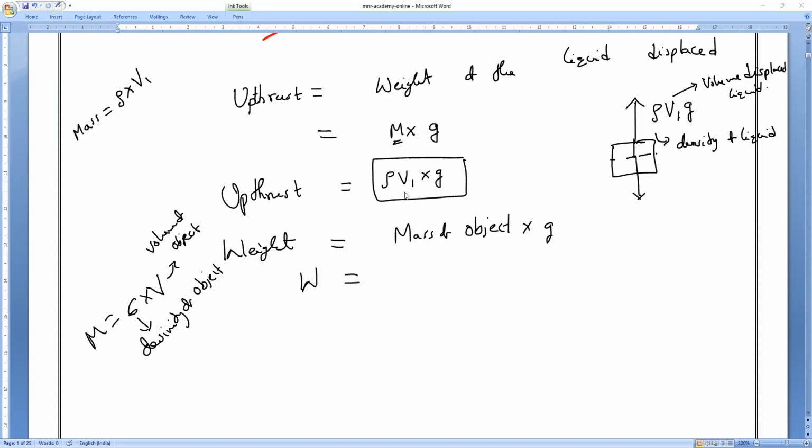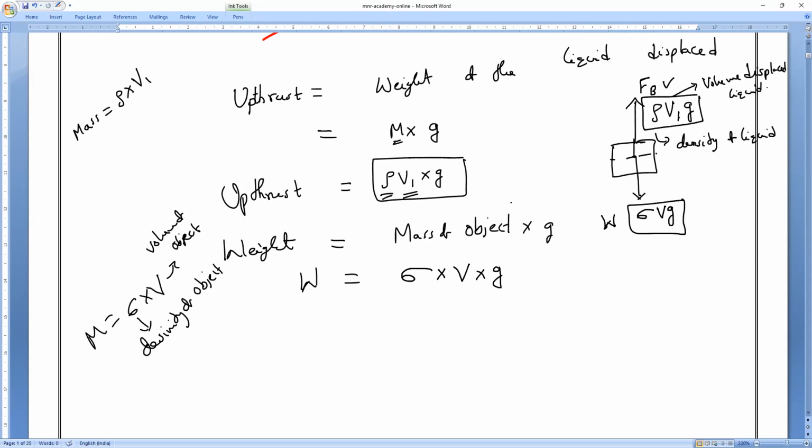That is why we use the density of the liquid displaced there, and the density of the substance regarding the weight. So mass of the object means density of the object into volume of the object into g. So this is the weight, sigma Vg, and rho V1 G is the buoyancy force.